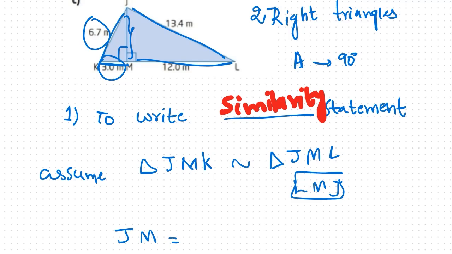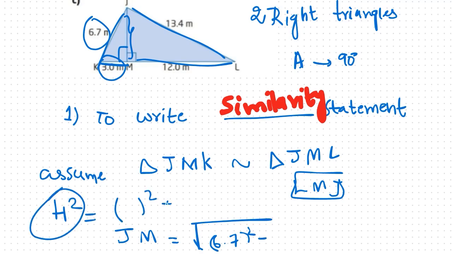So to find the third side, we can use what formula? Pythagorean theorem: a squared plus b squared equals c squared. So JM value will be how much? Hypotenuse squared is equal to the sum of the squares of the other sides.